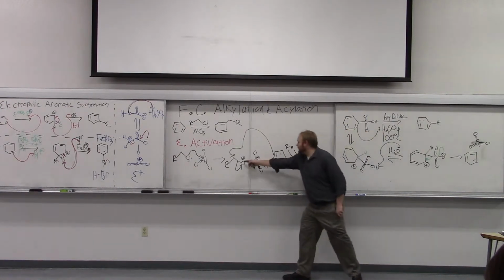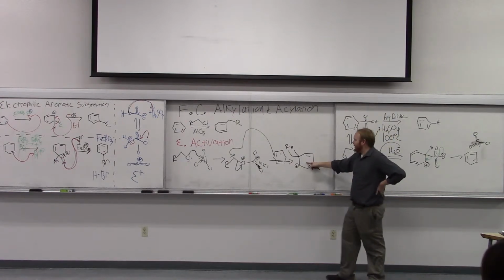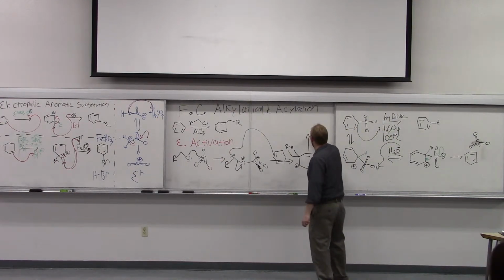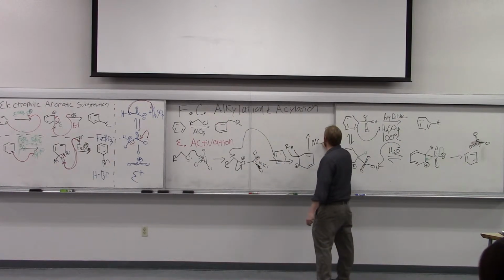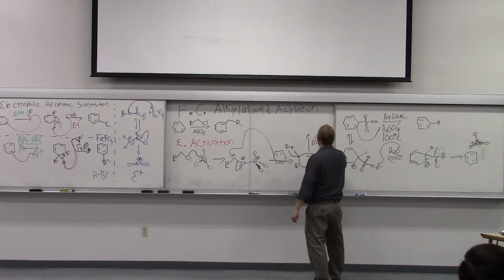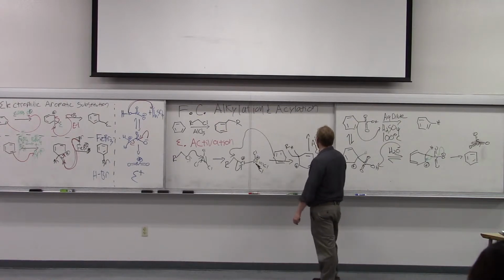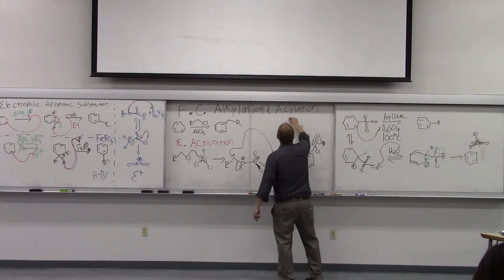It attacks in an almost SN2 type fashion, giving us our cationic intermediate. Then in this step we form AlCl4 minus. And the AlCl4 minus is going to act as our base. So let's draw AlCl3 with the fourth chlorine sticking out. It's going to act as the base, regenerating the aromaticity, giving us a product.